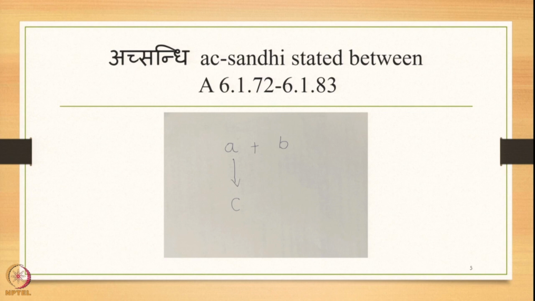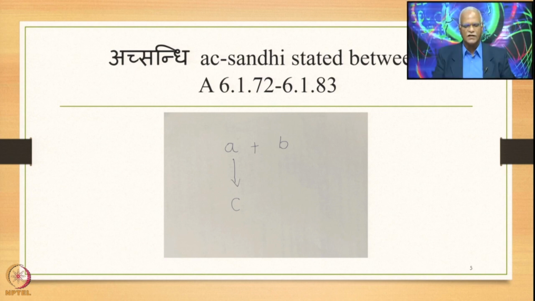It is important to remember that this Ekasthanika Ekadesha is stated in the Ashtadhyayi in the section from 6172 onwards up to 6183, and its diagrammatic representation is of this kind, where you have A followed immediately by B in close proximity. That means A and B are both in the Samhita mode, and then A is substituted by C.